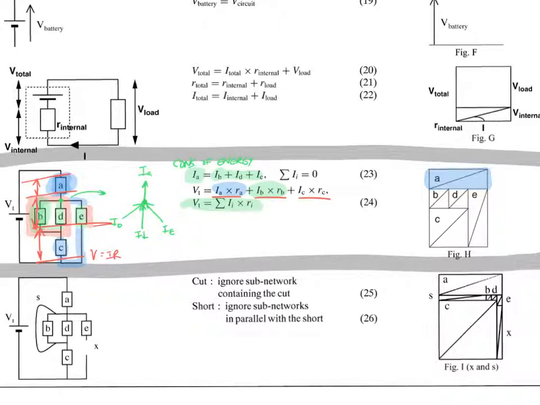So remember, this is our voltage total, and this is going to be our total current. If it's for the whole circuit, the vertical has to be the total voltage, and the horizontal has to be the total current.